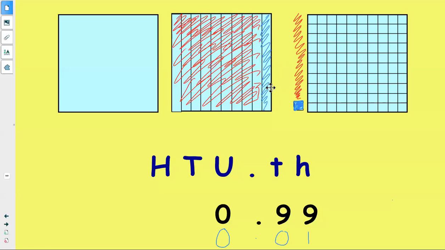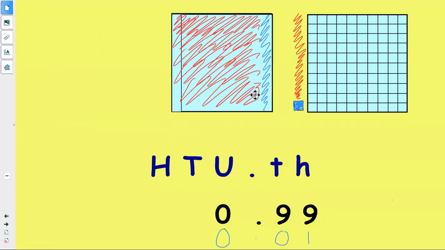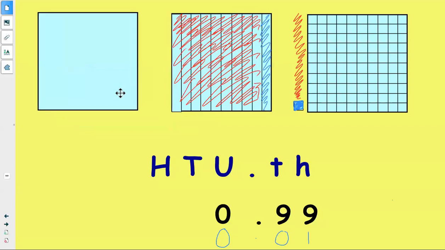Then that becomes 10 tenths. Now 10 tenths is the same as a whole, or the same as 1, because you can see that they fit nicely on top of each other. So if I was to add these two together, my answer would be 1 whole.